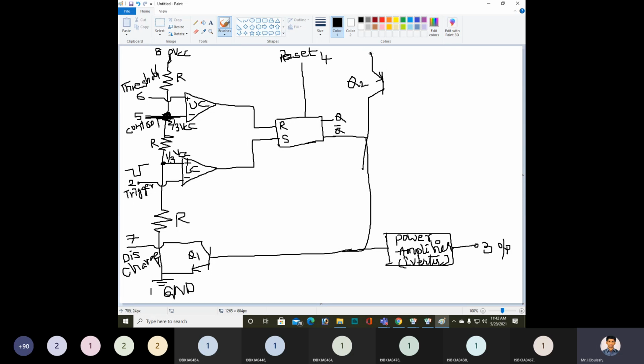So here you need to apply V reference. This is reset pin 4. Reset pin 4 here also. So this is the diagram.